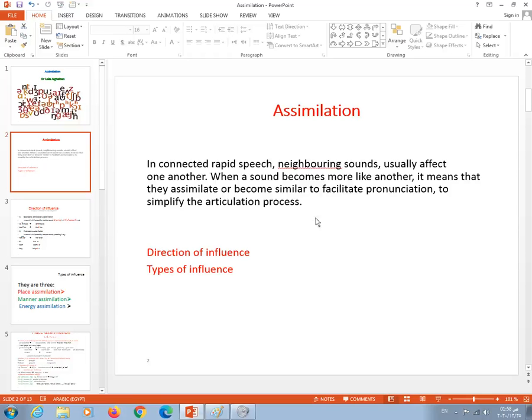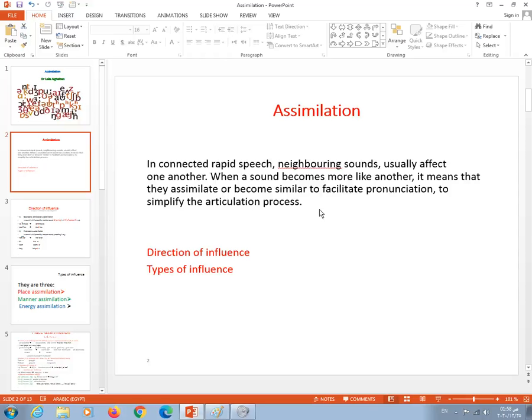And this influence is very crucial in order to facilitate and simplify the articulation process, save our time and our energy and make us communicate so easily and comfortably.